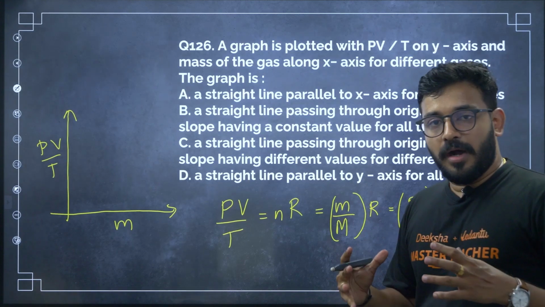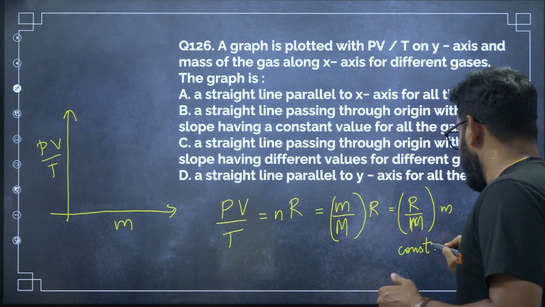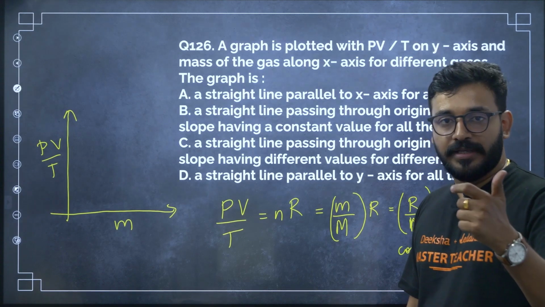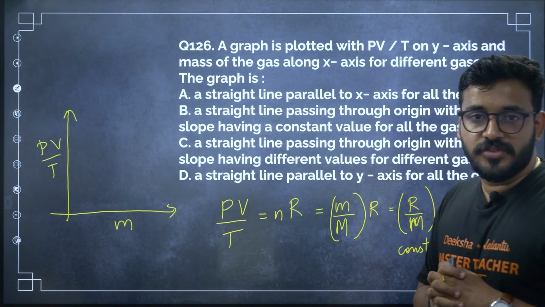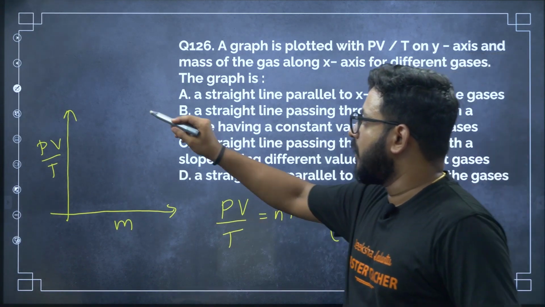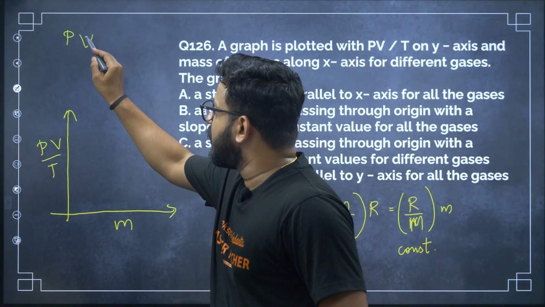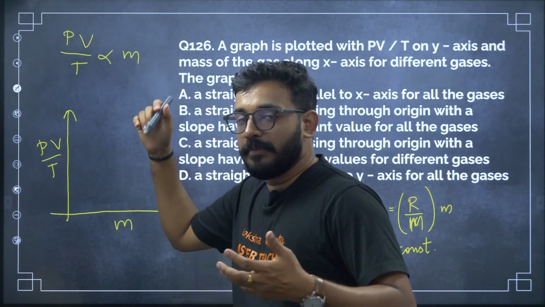So for a given gas, this is a constant, gas constant by molar mass. For any particular gas, the molar mass is fixed. Of course, R, the universal gas constant, is constant. So PV by T is directly proportional to the mass.